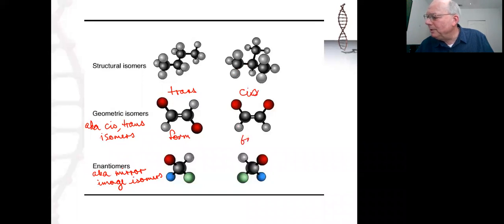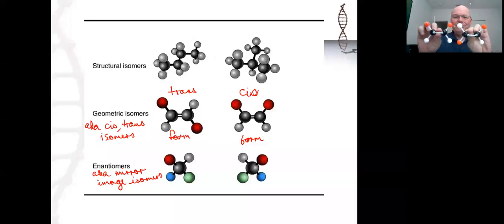So trans means opposite and cis means same. So here, these are on the opposite side of the molecule. These are on the same side. So trans means opposite, cis means same side. And these are not equivalent. You can't just twist this around to get this. These are very separate, and the only way to convert between these is to carry out a chemical reaction.